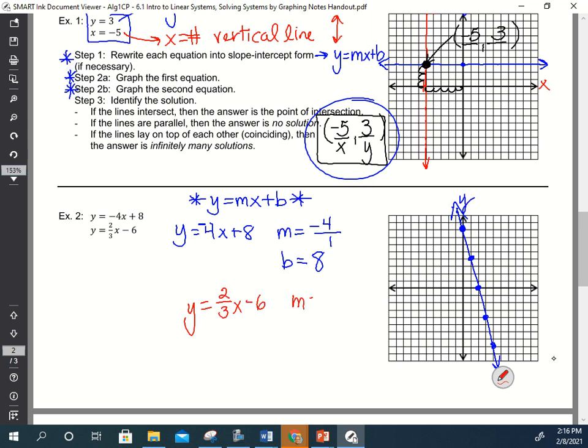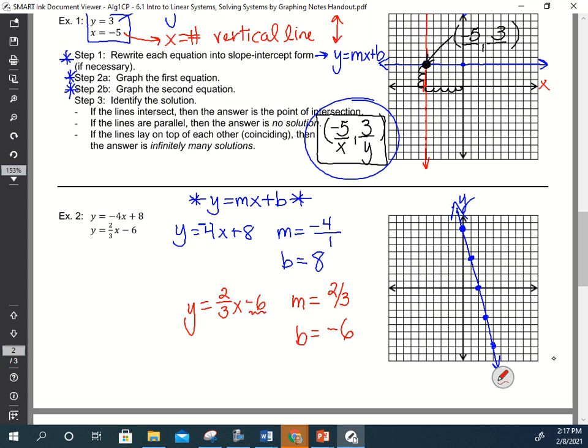Second equation, what's the slope? Two-thirds. Thank you, Noah. Slope is 2/3. What's the y-intercept? -6.